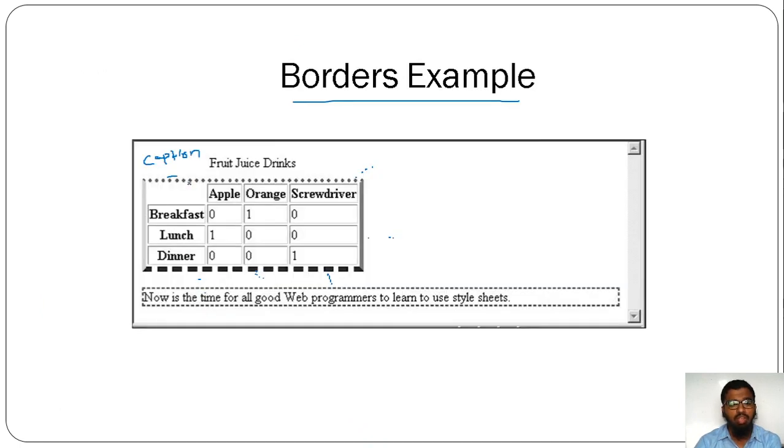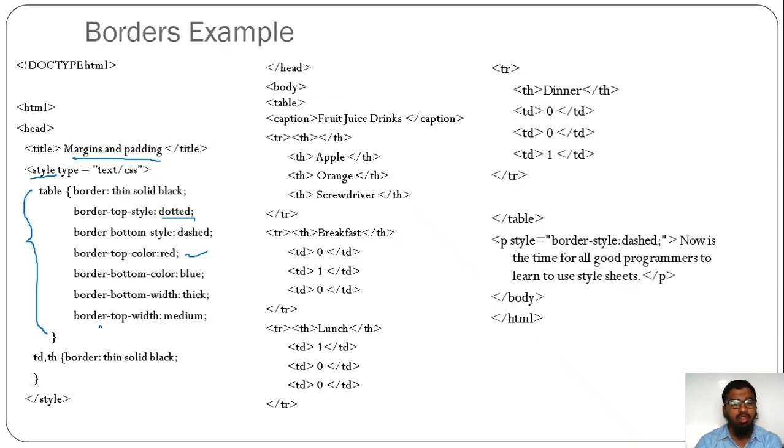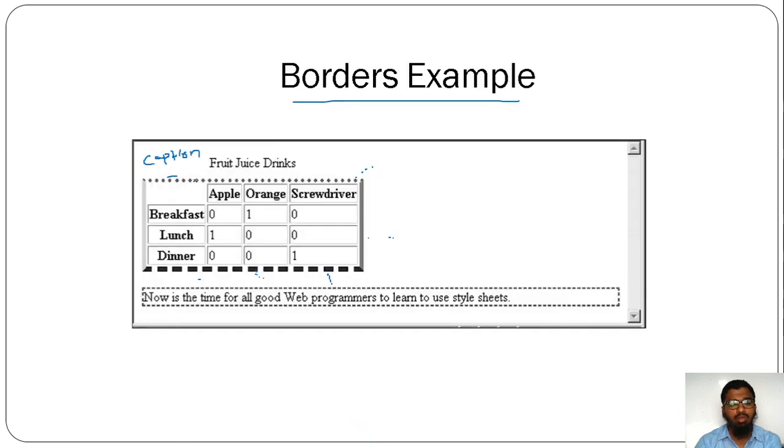Can you see, the top is very thin and here the bottom is thick. Border-top-width is medium, so this is a change. And this is the default size of the table.